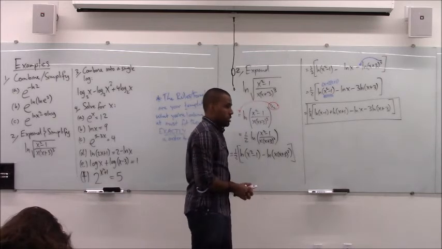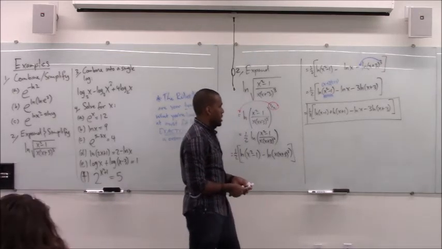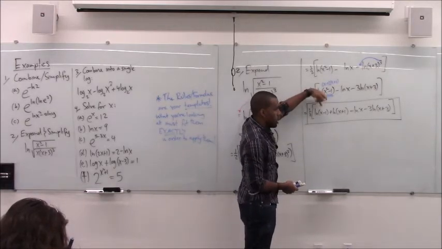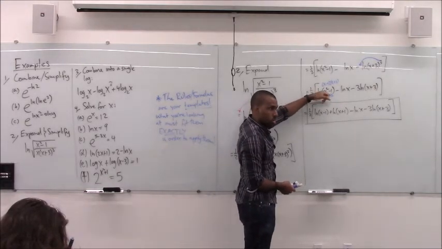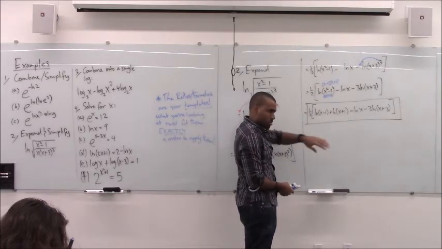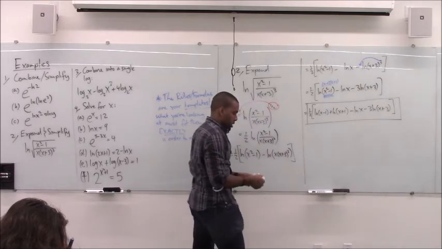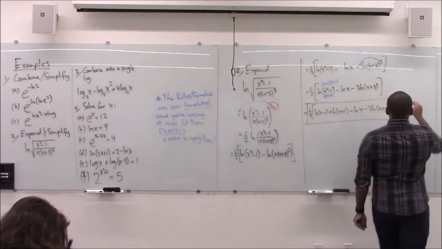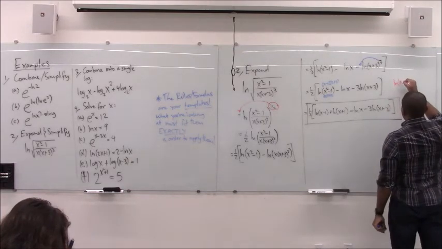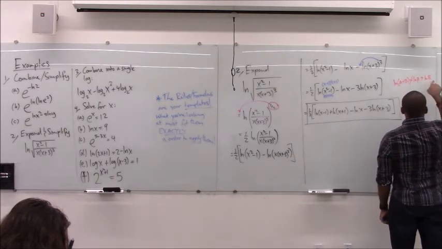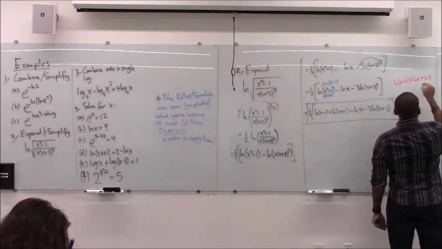Now, it wasn't suggested here, but a couple of my other classes suggested this, so let me make sure you know. ln's do not distribute across sums, right? So you can't actually say ln x minus ln 1. There's no rule that says you can do that. So logs do not distribute. If you have ln of, say, a plus b, it is not ln of a plus ln of b. Remember, when you're adding logs, it turns into a multiplication.